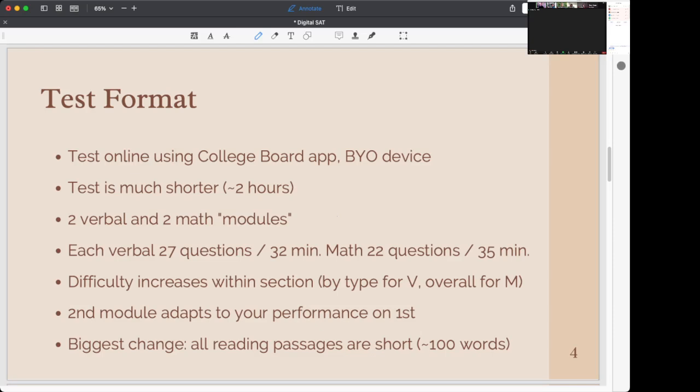I also think, having looked at some of the material for the digital SAT verbal, it's a little trickier in terms of the kinds of questions because there's a little more critical reasoning involved. Whereas the ACT reading is very fast paced, but it's also very straightforward. You don't really have to think a whole heck of a lot. It's more like locating information and remembering information.